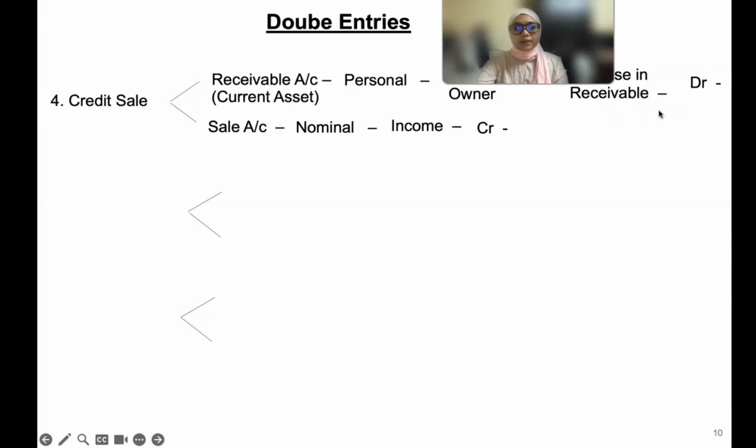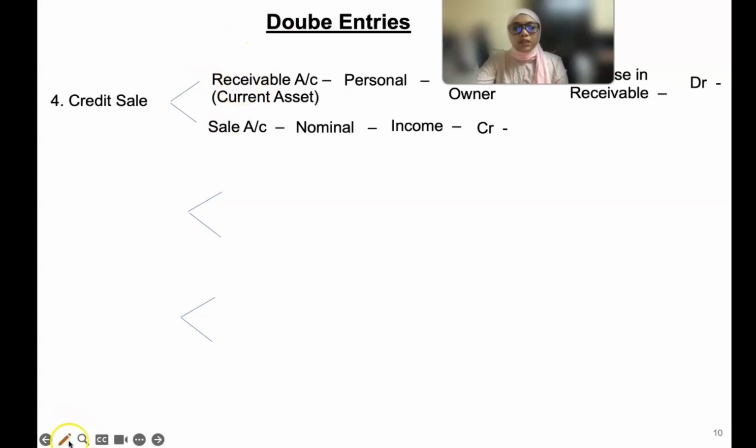Okay? Don't look at the current asset for now. For now, you only need to understand that if it is credit sale, you need to open sale account and receivable account. Sale account is nominal income, so it is always credit. Understand? Then, if it is credit sale, that's why we need to open receivable account.